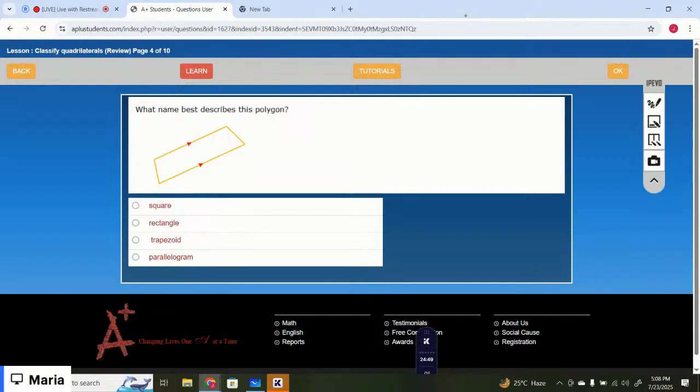What name best describes this polygon? Square, rectangle, trapezoid, parallelogram.